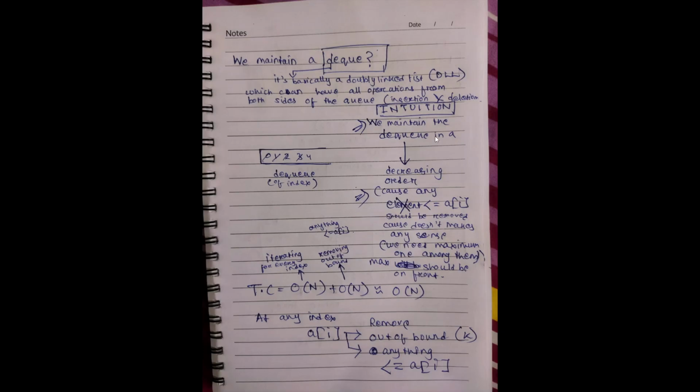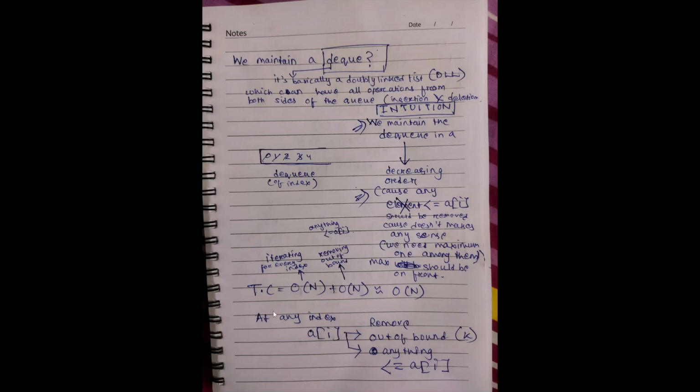We keep it in decreasing order, because any element less than or equal to the current element should be removed, because that doesn't make any sense. We need the maximum among them, so the maximum should be at the front.